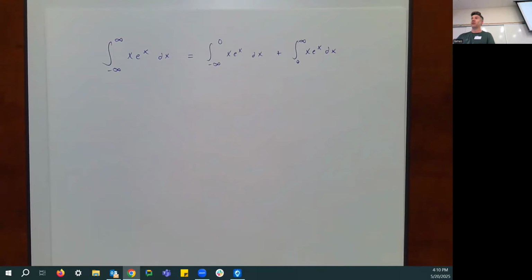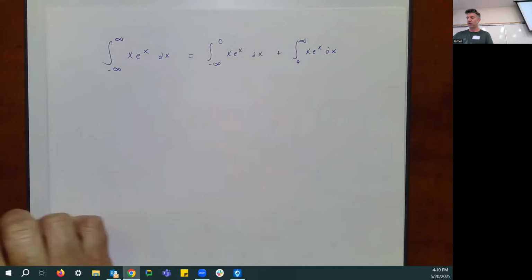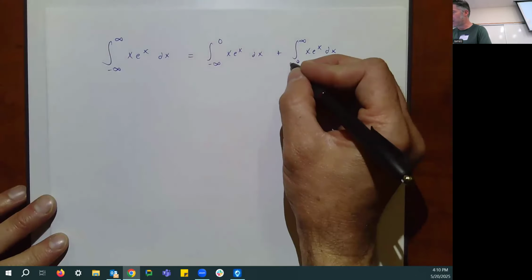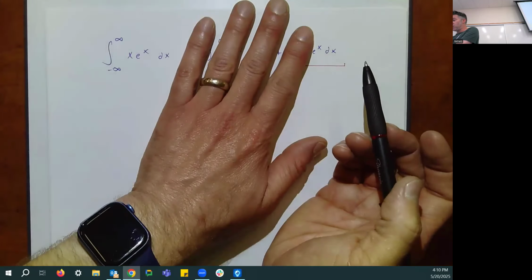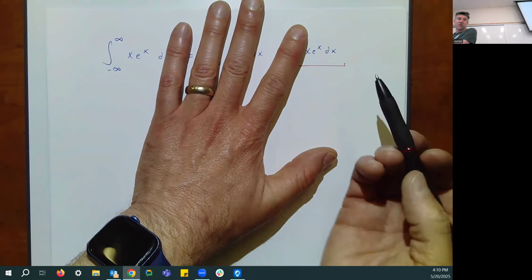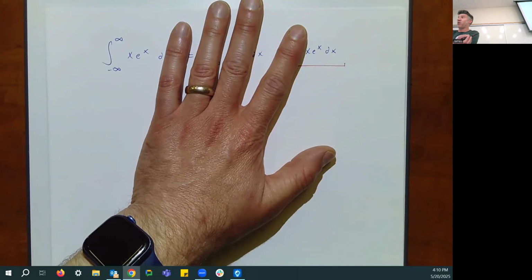I would pick the one that might have a chance of diverging first. Also, we already did this one, and we know that part converges. So let's do the other one. I would pick this one first because I can see that my function on its own, if you look at x times e to the x and you go to the right, it's going to get bigger and bigger and bigger. It's probably going to diverge because my function is getting infinitely large.